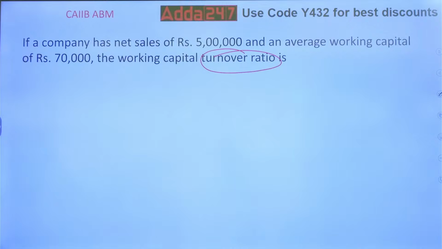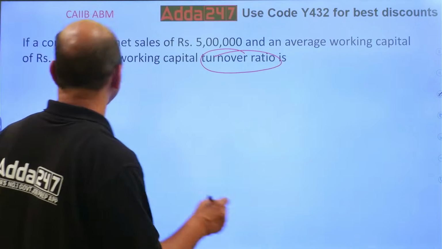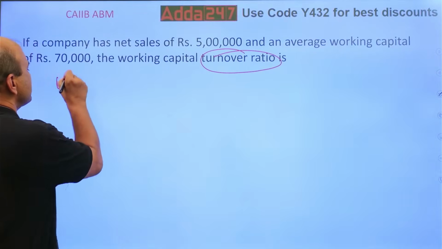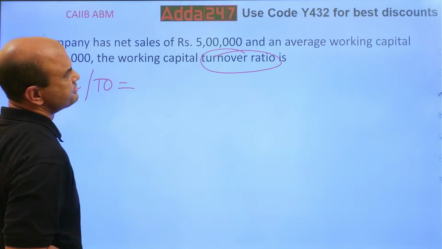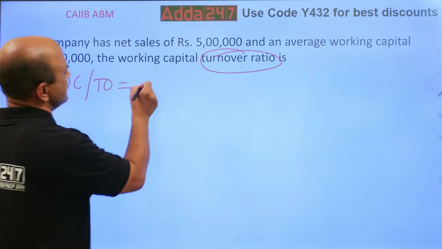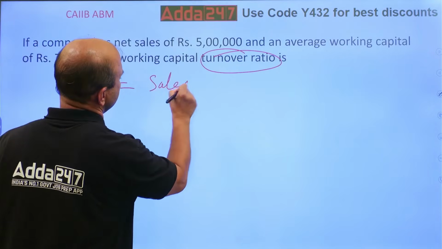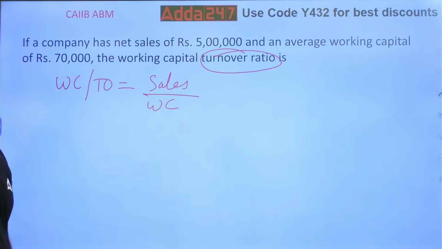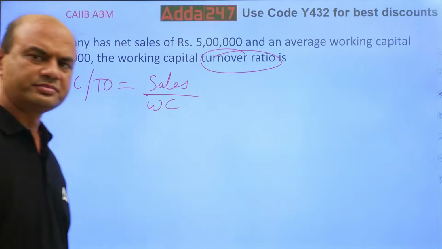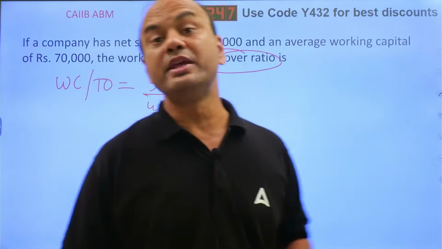Who can give me the formula in the comment section? So WC turnover, I'll write TO, equals sales upon working capital. Simple.